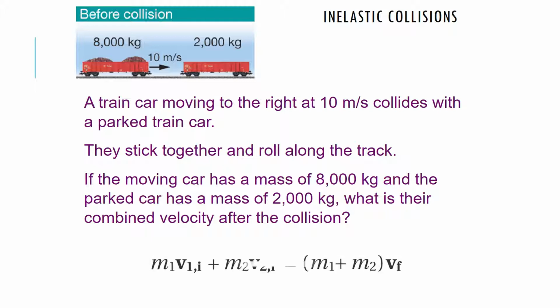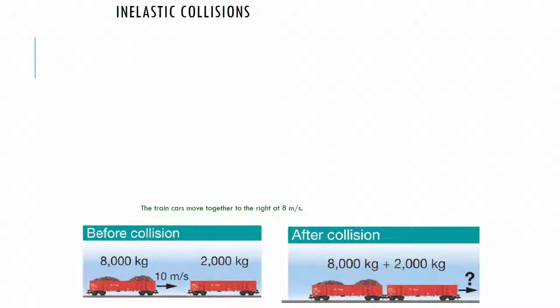So we have our formula. You can see the answer there, but you'll see how we get there in just a second. We're going to start with our T-chart. We have the moving car and the parked car.